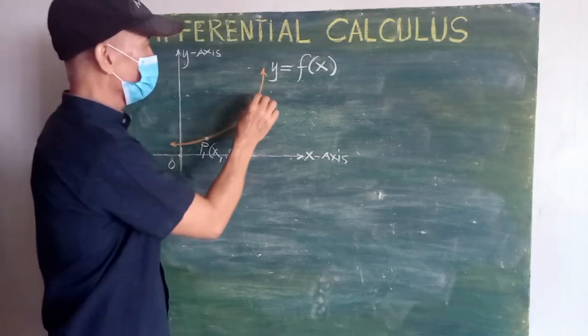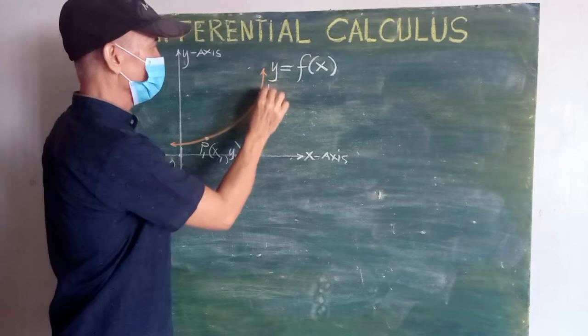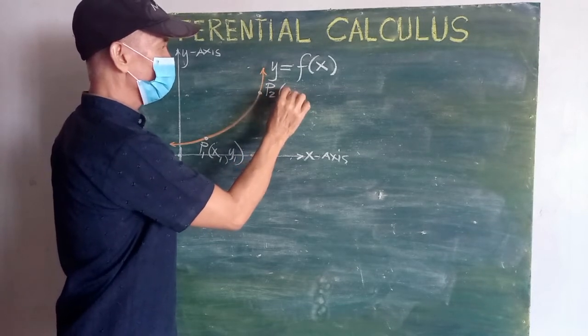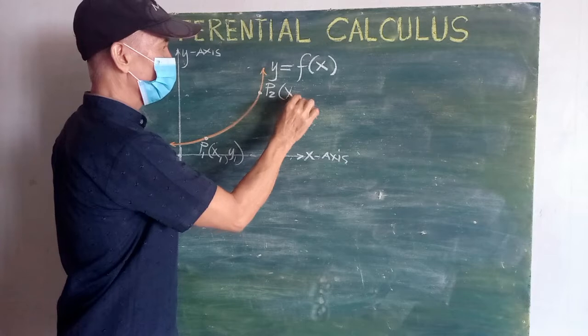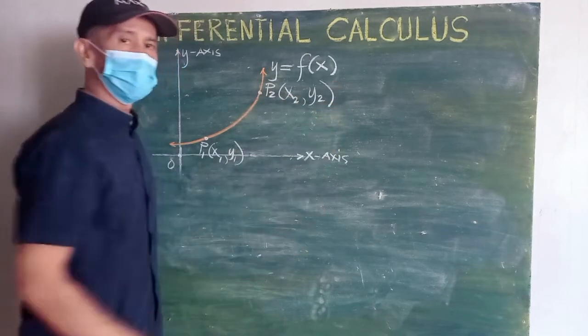And let's say there is another point here, and that point is P sub 2 located at x sub 2, y sub 2.